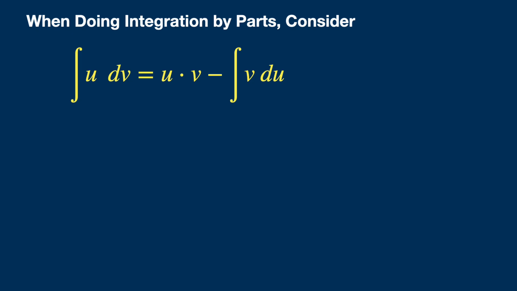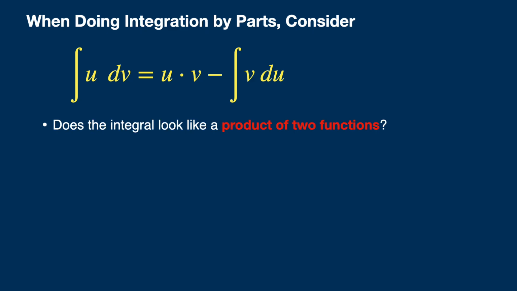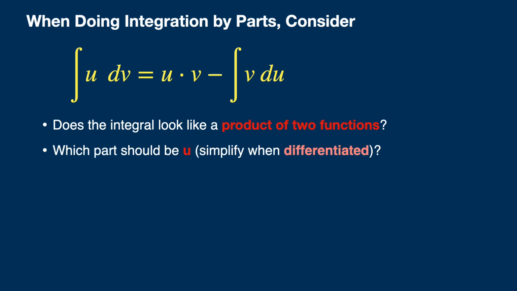The big question is, when doing integration by parts, you have to consider a couple of things. The first is whether the integral looks like a product of two functions. That's the key idea about integration by parts. After that, which one is going to be u? When you differentiate u, it should look simpler.